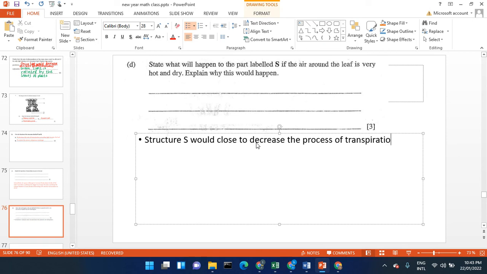And transpiration is basically water leaving the leaves, all right? Water loss. What can happen if the plant loses water at this particular time? Water loss would decrease the process of photosynthesis and cause wilting in plants.